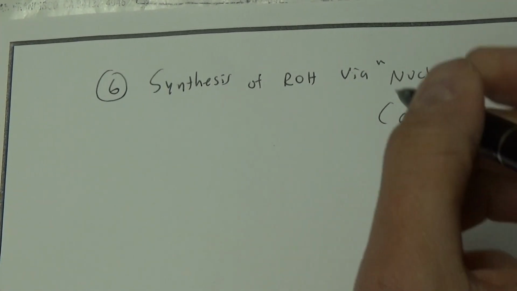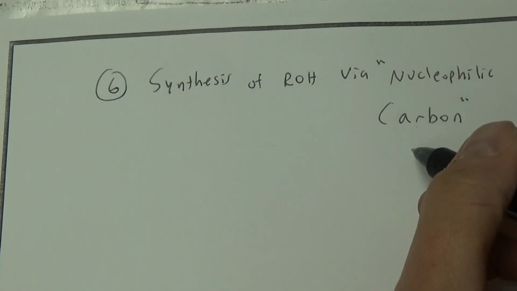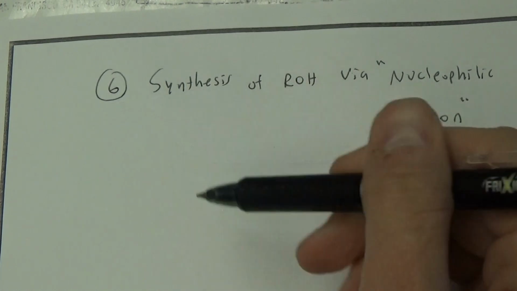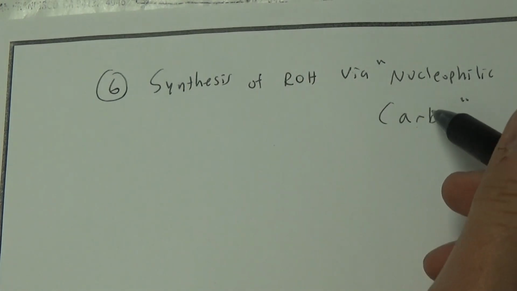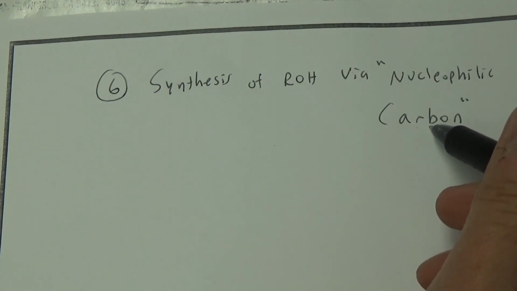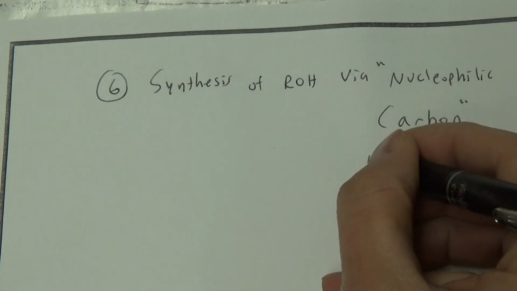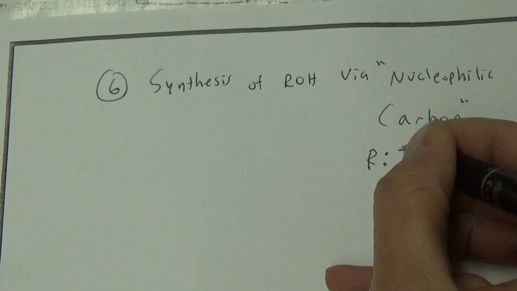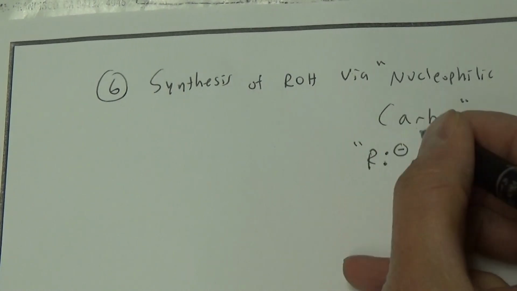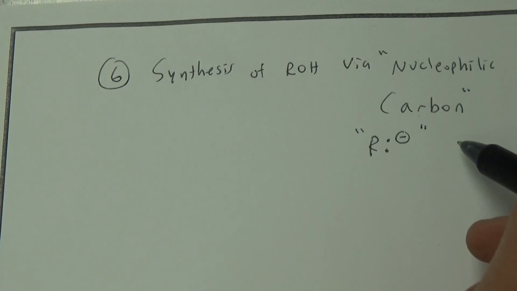And this is going to be kind of like, remember how reductions, we did that two sections ago? Number 4, I think it was. How we did H minus, hydride, and it reduced ketones and aldehydes and stuff. This is kind of like that. Instead of H minus, this is R minus. R minus is going to be nucleophilic carbon.